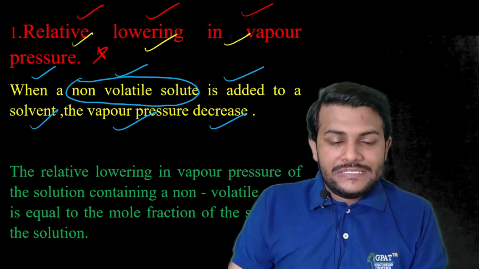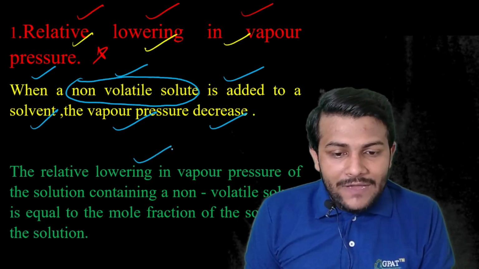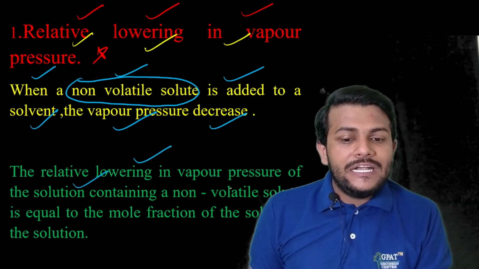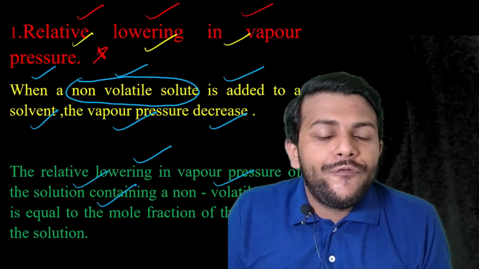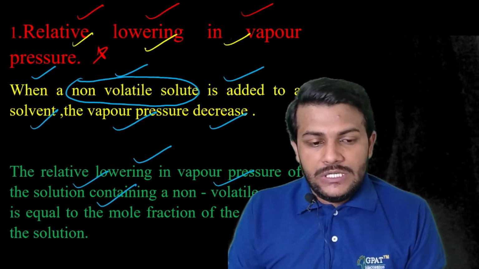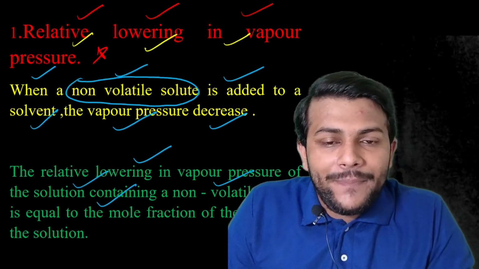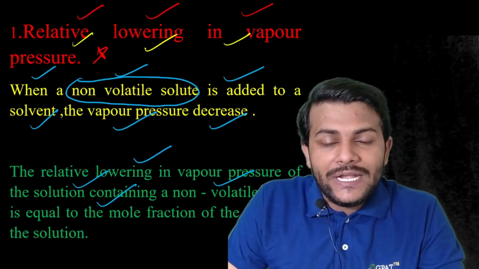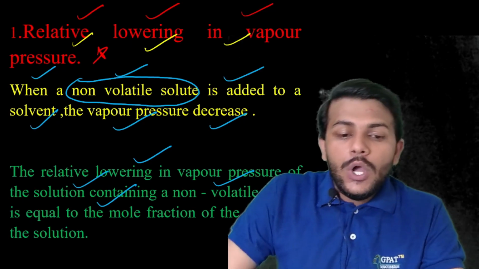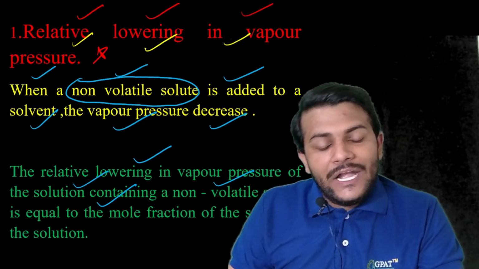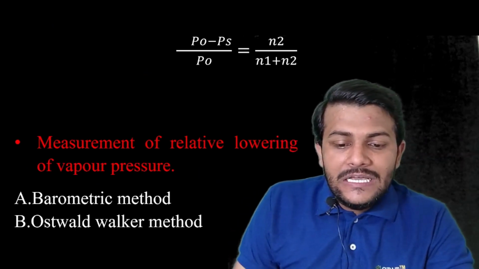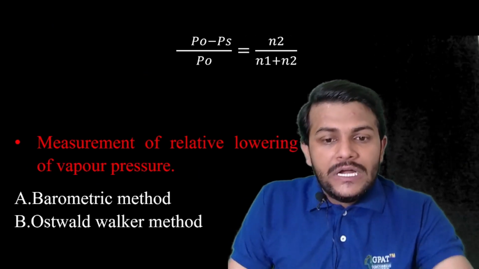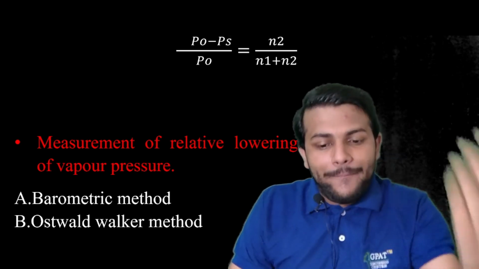So the relative lowering in vapor pressure of a solution containing a non-volatile solute is equal to the mole fraction of solute in the solution. So here we have the representation of the relative lowering in vapor pressure.